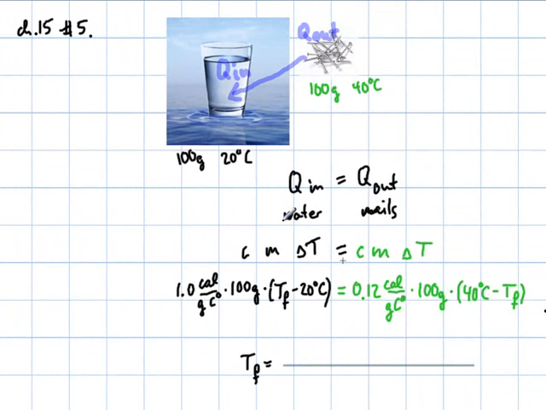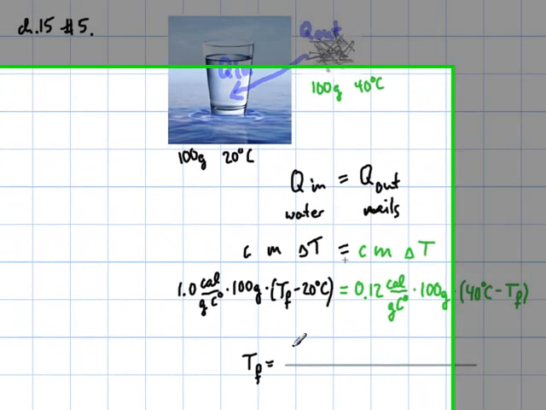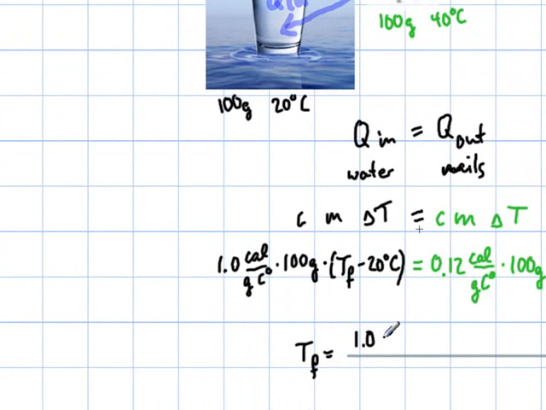And I'm going to have the heat capacity of the water 1.0 times the temperature of the water, which is 20 degrees Celsius.